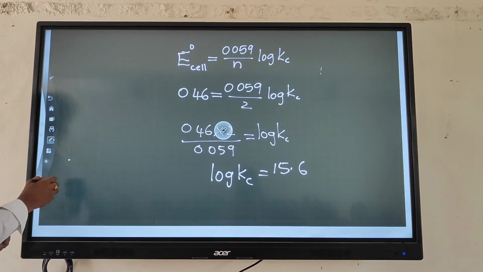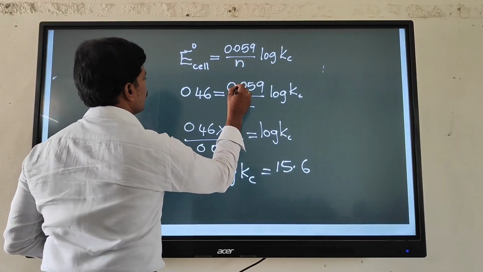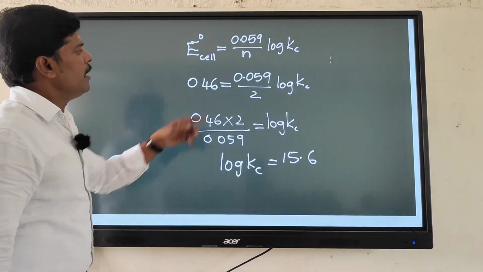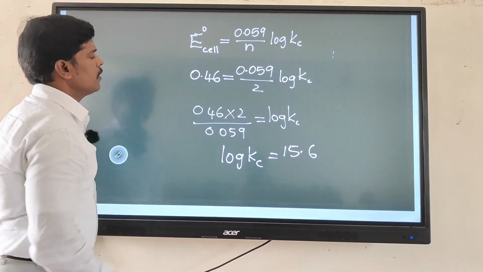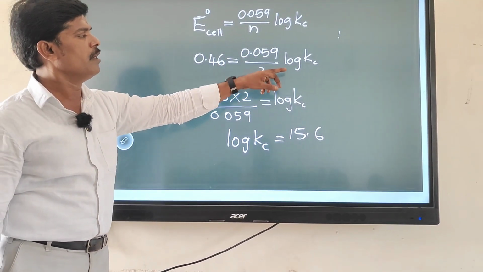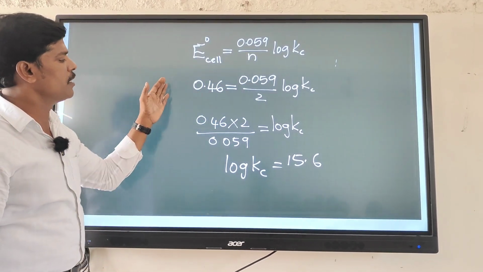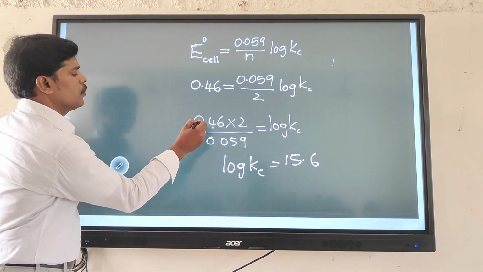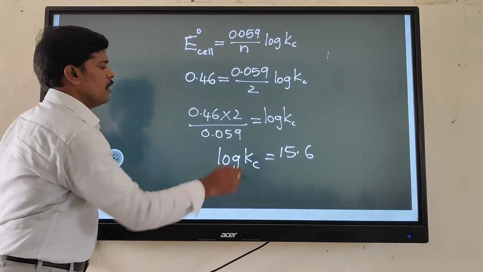E0 cell is given, so 0.46 is equal to 0.059 by 2 into log Kc. If we send 2 and this fraction to this side, we get 0.46 into 2 divided by 0.059 is equal to log Kc.